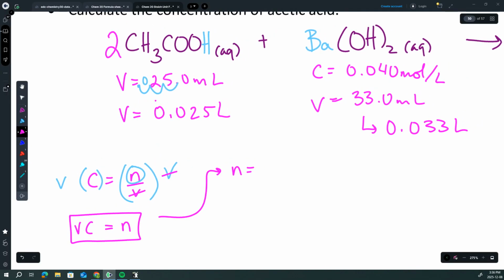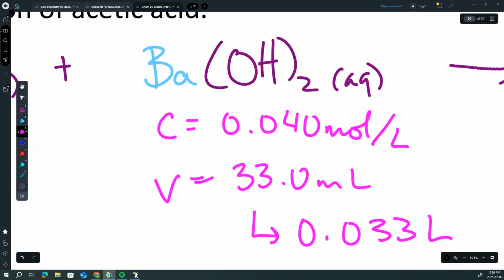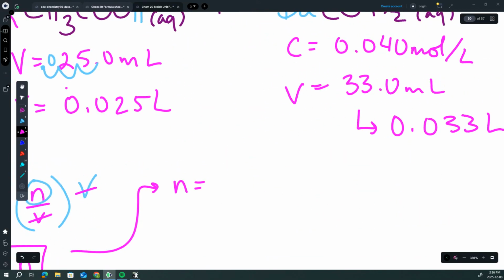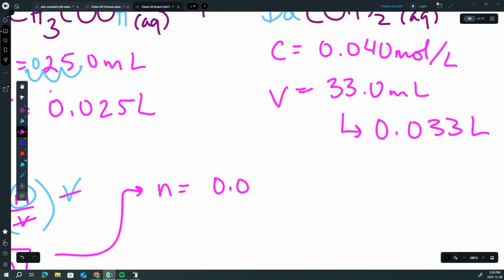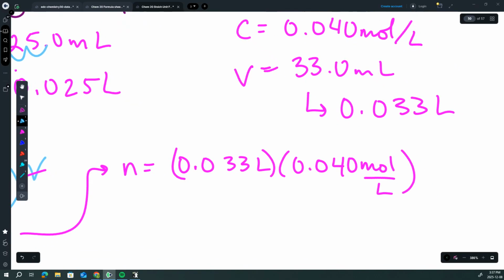The volume and concentration have to belong to the same substance. That's why I like organizing my information. I'm going to use the concentration of barium hydroxide and multiply it by the volume of barium hydroxide. I need to use liters for the volume so that the units cancel out. 0.033 liters times by 0.04 moles per liter.